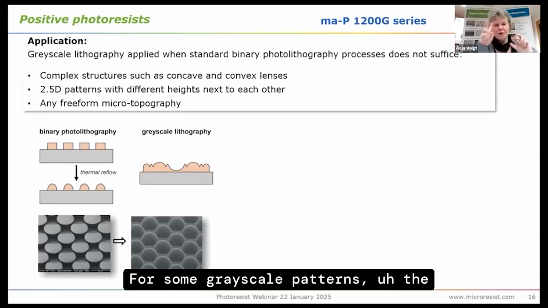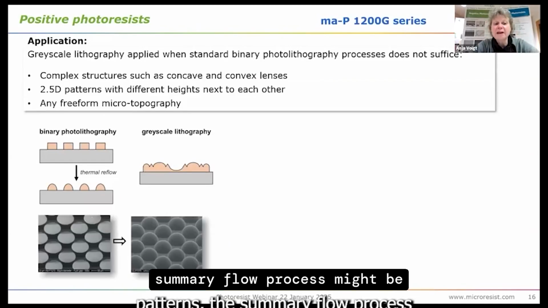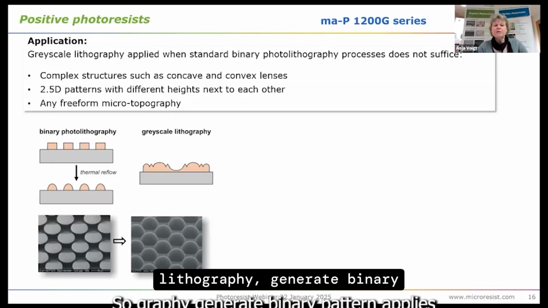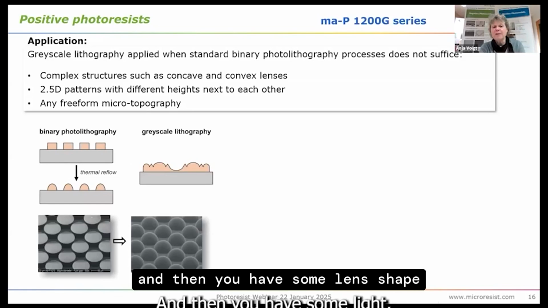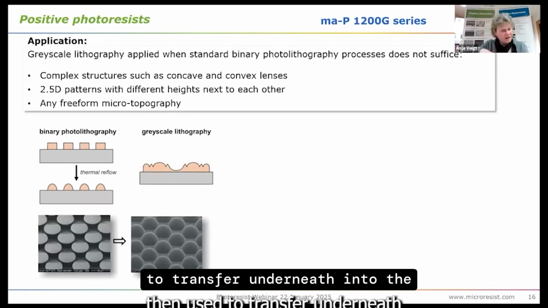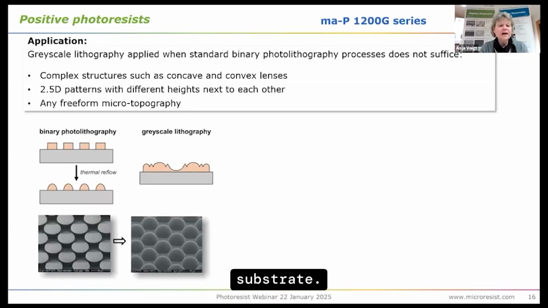For some grayscale patterns, the thermal reflow process might be applied. So starting with binary lithography, generate a binary pattern, apply the thermal reflow, and then you have some lens-shaped pattern, which can then be used to transfer into the substrate underneath.